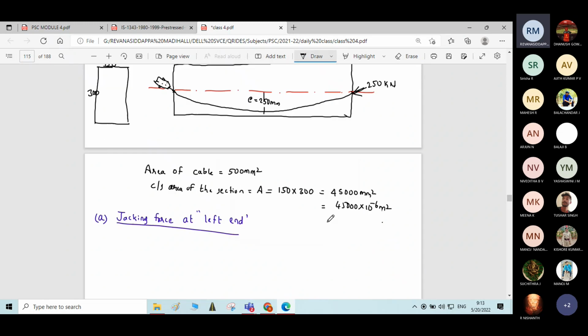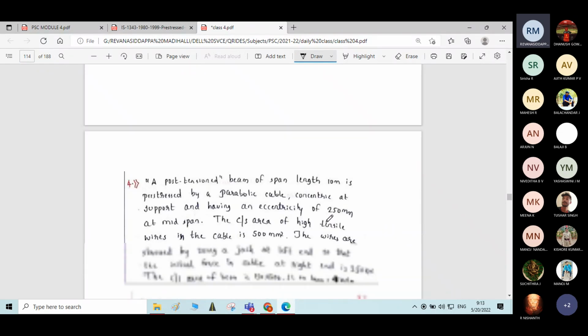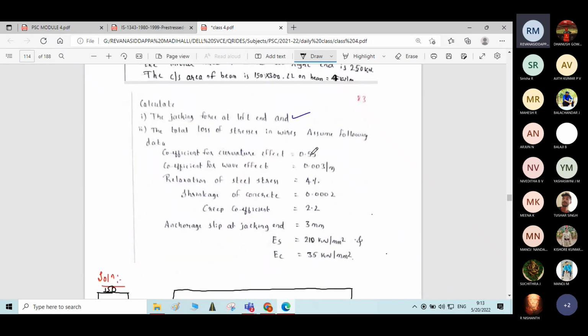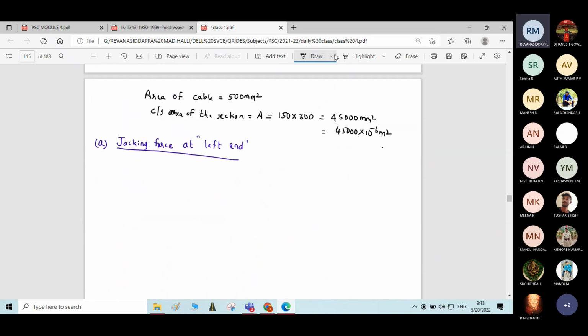Now, the coefficient of curvature is given. It is given as 0.55. Write down below: coefficient of curvature, that is mu, is given as 0.55.